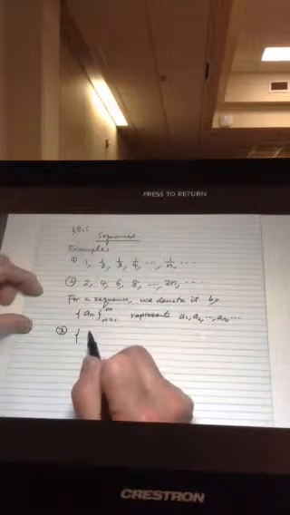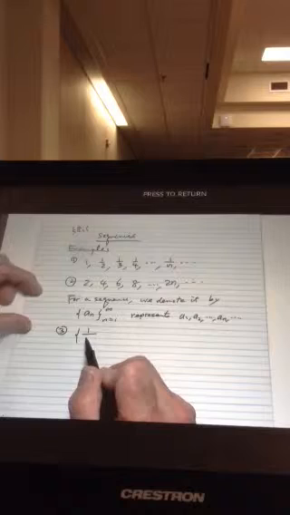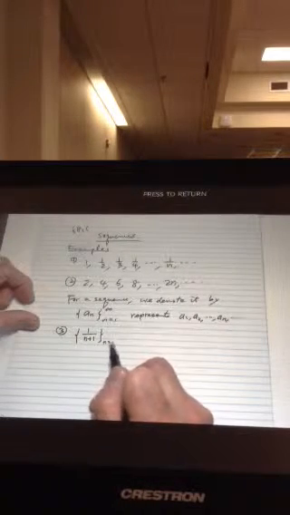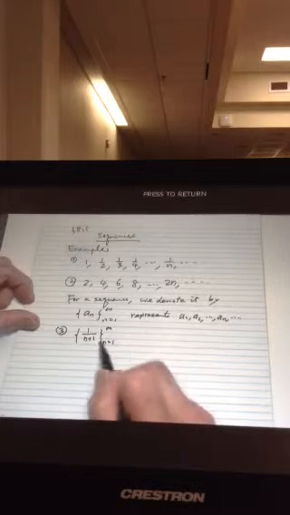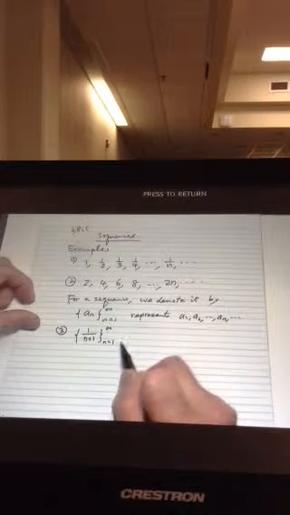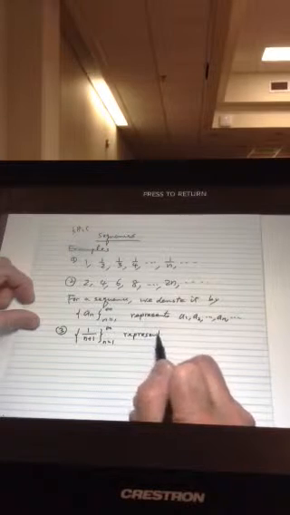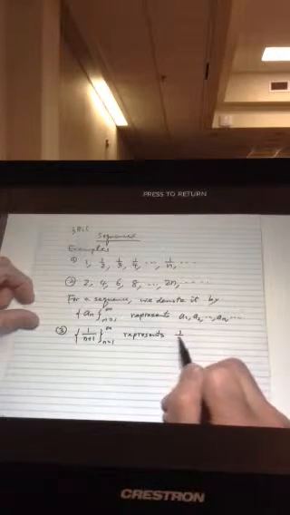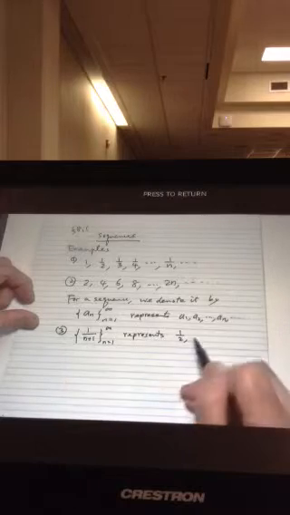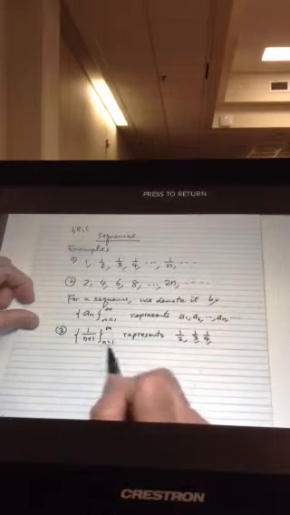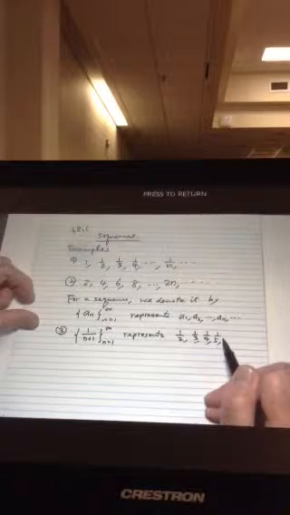So for example, let me put a 3 here. If I write down 1 over n plus 1, from 1 to infinity, that would mean what? When n is 1, this represents 1/2. Then 1/3, 1/4, 1/5, and so on.